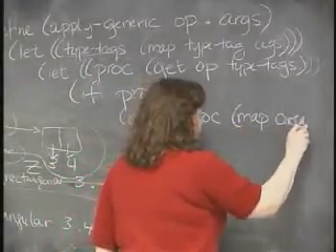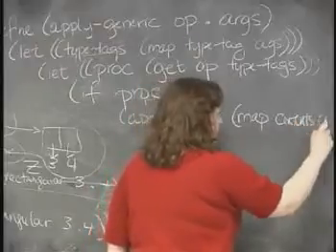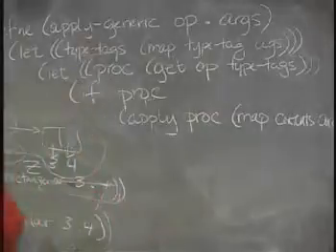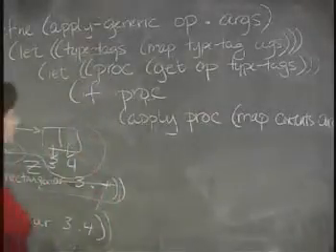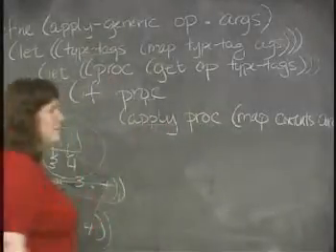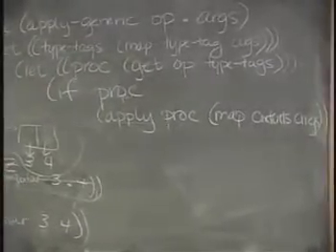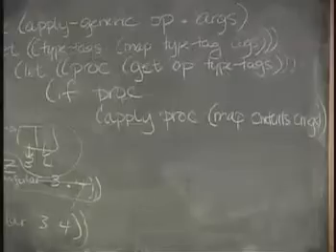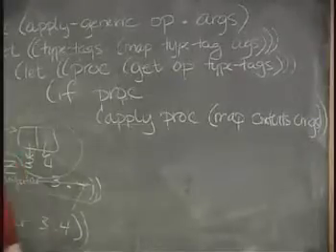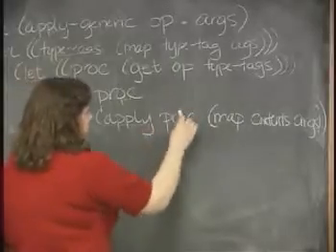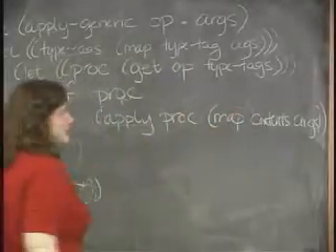We're going to map our contents procedure on our arguments. Okay. I haven't really talked about apply. We're going to talk about this a lot more when we get to metacircularity next week. What you need to know for now is apply will take this procedure that we've looked up and apply it to a list of arguments.